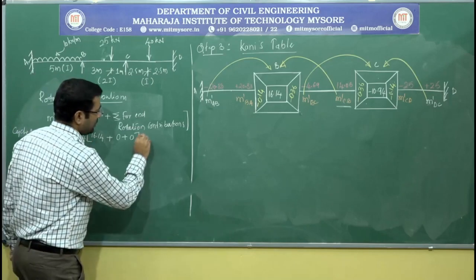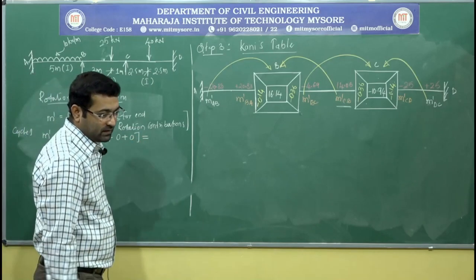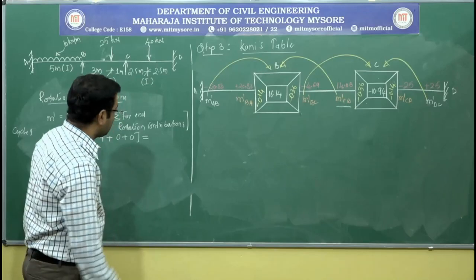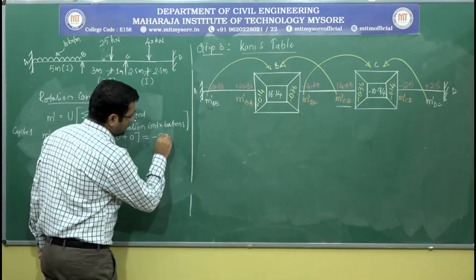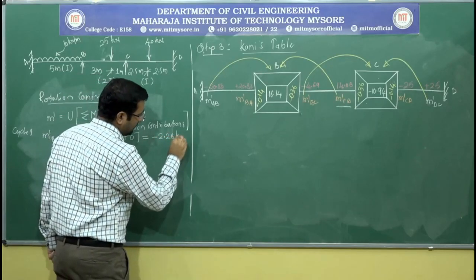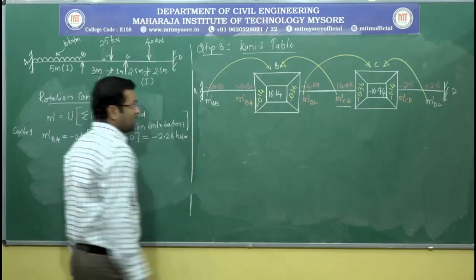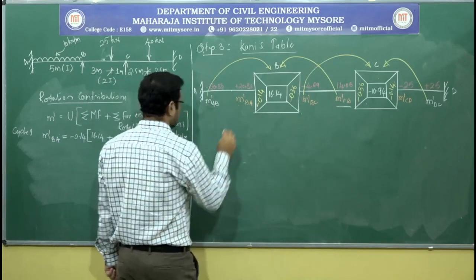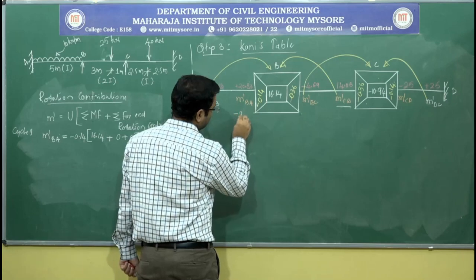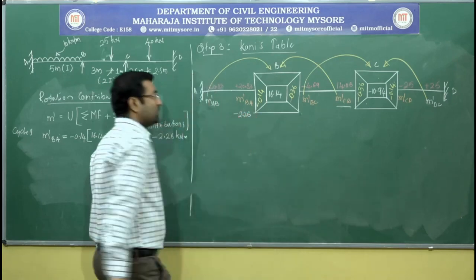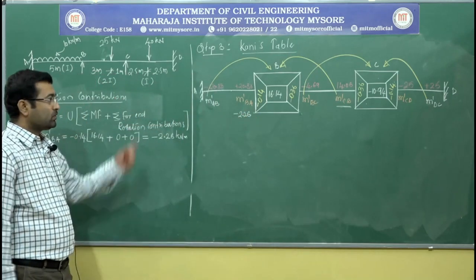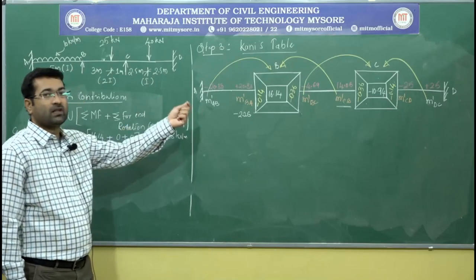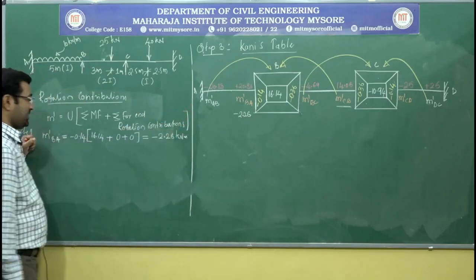This gives you a value of minus 2.26. Minus 2.26 kilonewton meter, which I need to write here below this, that is minus 2.26. So this is one rotation contribution value in the first cycle.